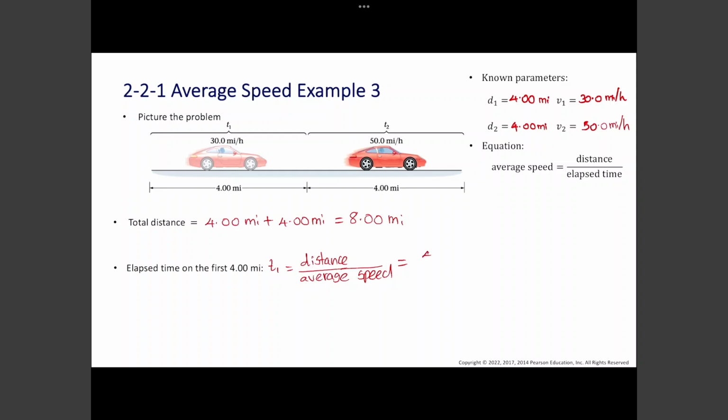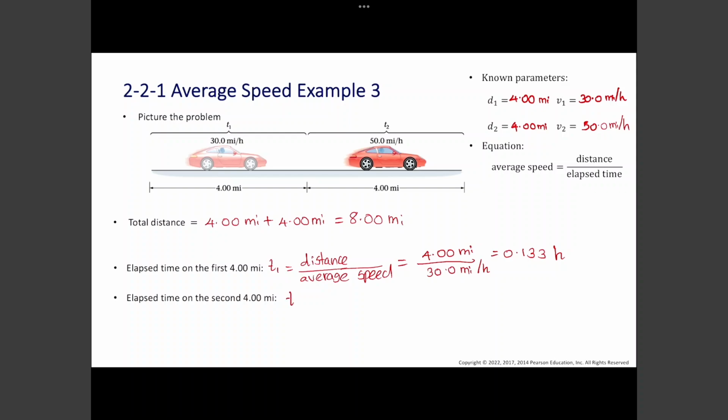Now the distance is 4.00 miles d1 and v1 is 30.0 miles per hour, and we are getting 0.133 hours. Both the numbers have 3 significant figures, so the answer is in 3 significant figures. Now the elapsed time on the second 4.00 miles.